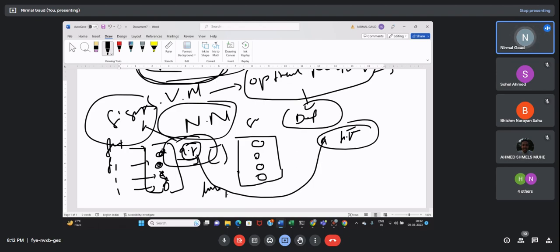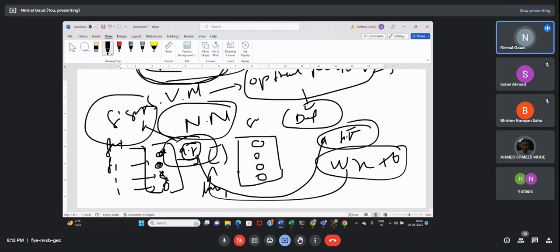One more thing, again a very good question which he has asked: we have wx plus b, the same kind of equation which is used in the neural network. Yes, sir, the equation is also the same. In neural networks, this is the weight and bias which we assign to the neuron.